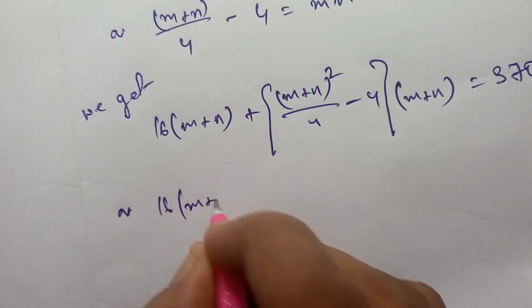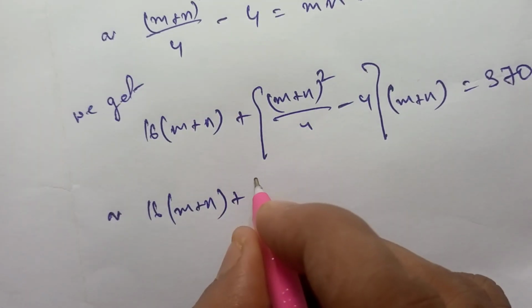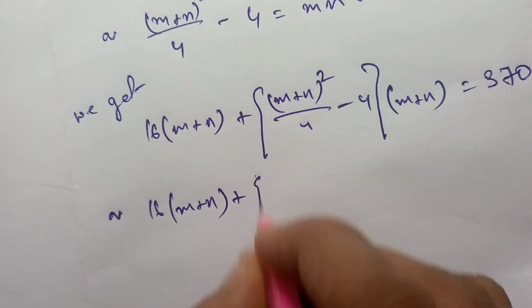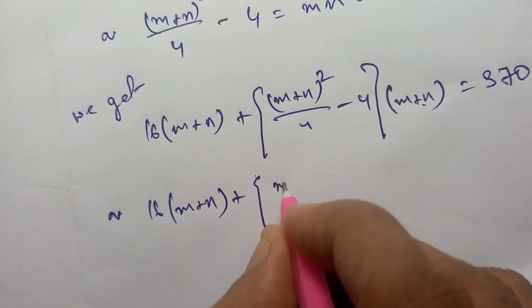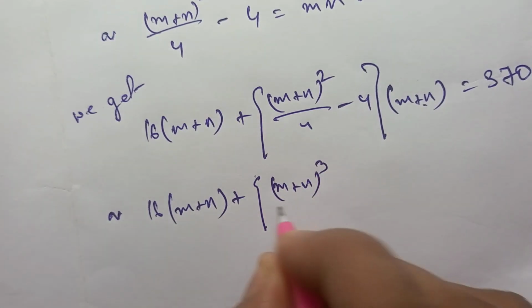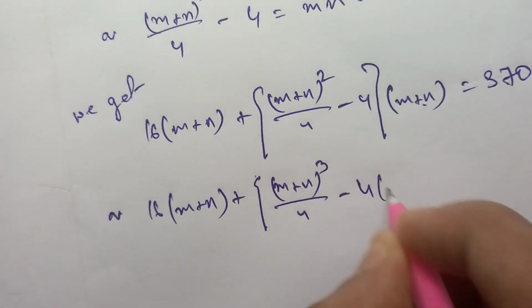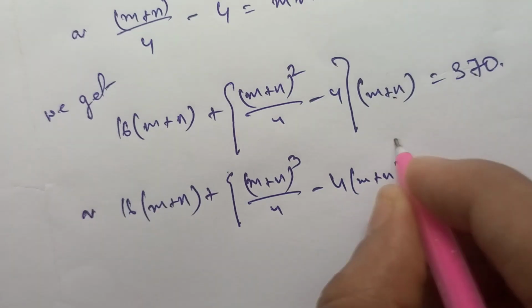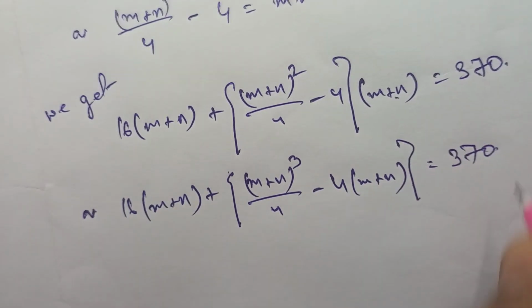Now just simplify the above equation. We multiply m + n with both terms in the bracket. So we get (m + n) whole cube divided by 4 minus 4 into (m + n) is equal to 370.